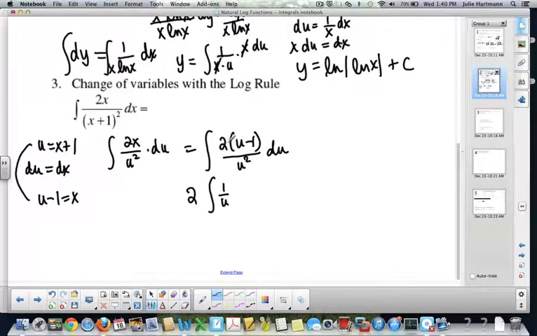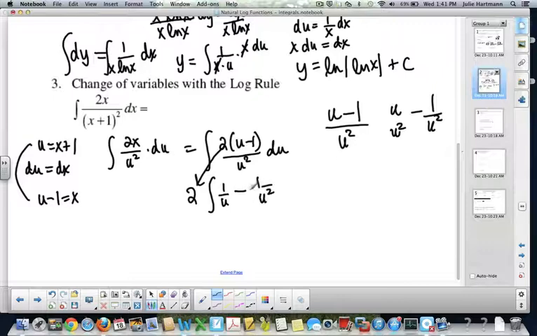So what I'm doing here is I move that 2 out in front. Okay, then I have u minus 1 over u squared, which could be u over u squared minus 1 over u squared. Okay, u over u squared is 1 over u minus 1 over u squared du.